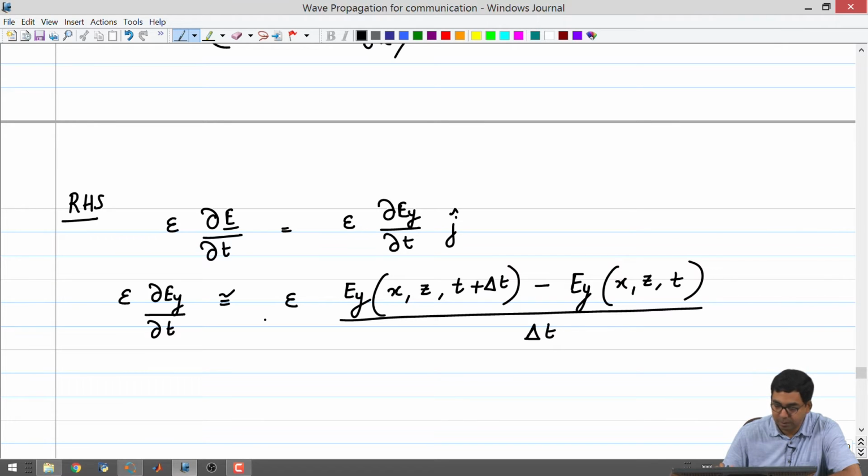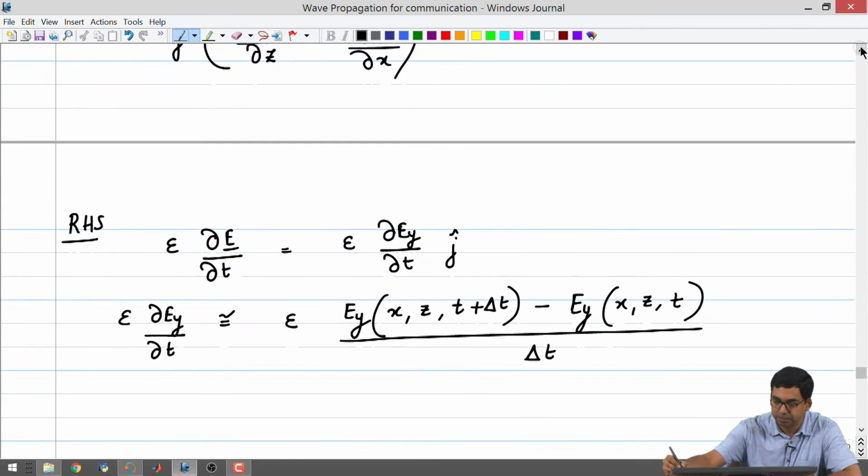So the right hand side looks like this in the difference form; the left hand side will have to be written in the difference form as well.